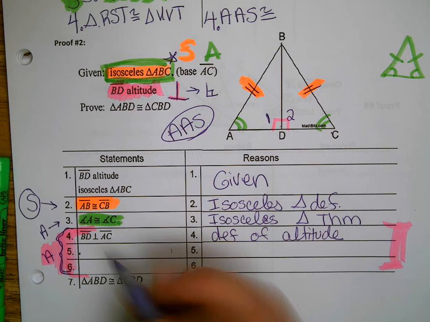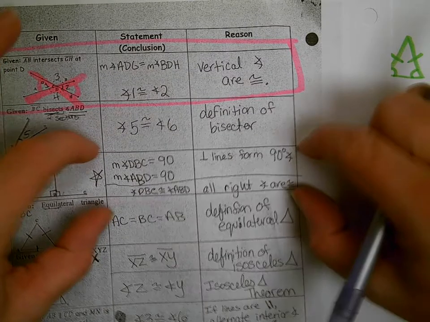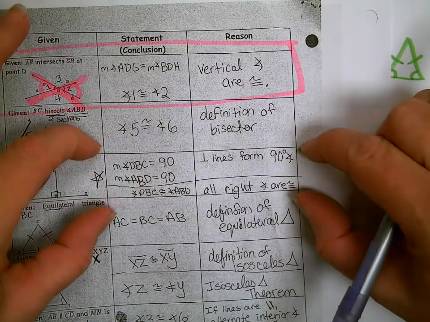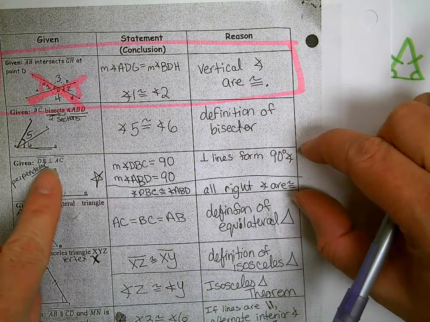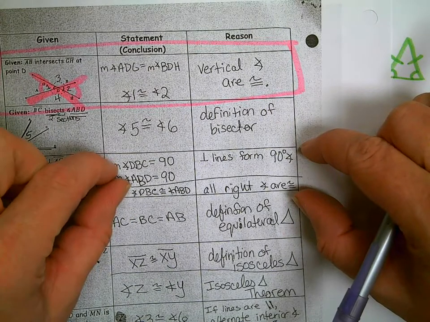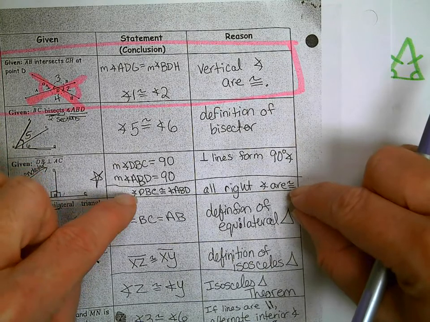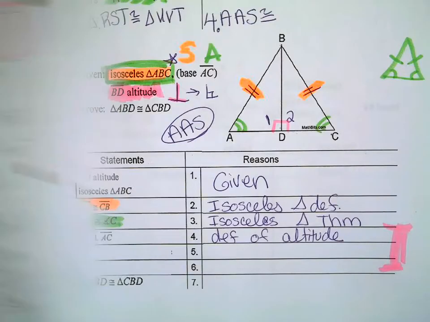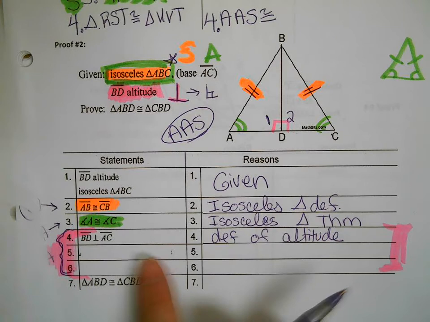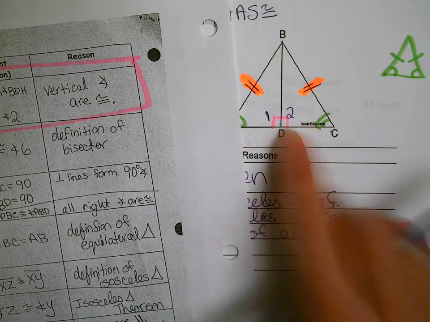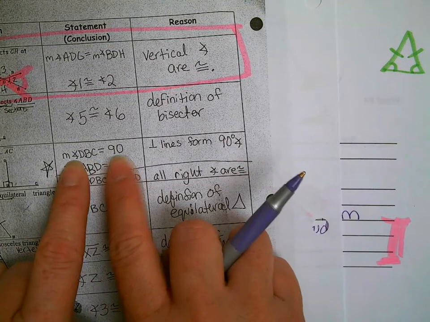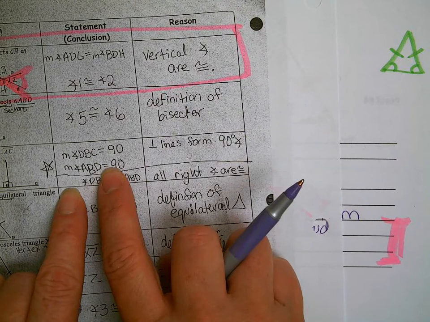But these next two lines are what we have on our boxes. Once we have the perpendicular lines stated, now we have 90-degree angles, and then we have angles that are congruent because they're right angles. How we're going to format the next two pieces is, since I put the 1 and 2 in here, we're going to write the measure of angle 1 is 90, the measure of angle 2 is 90.